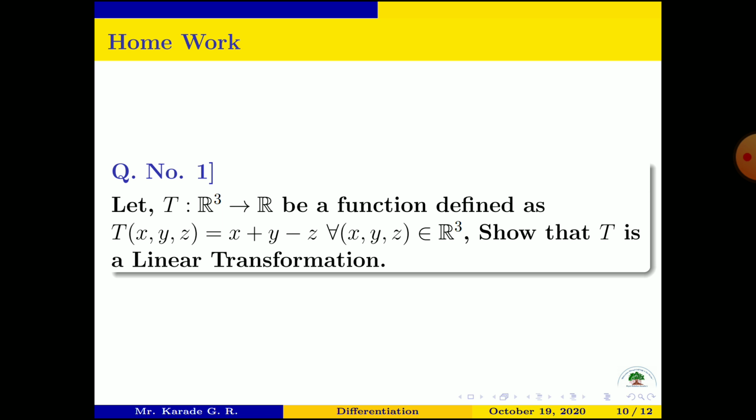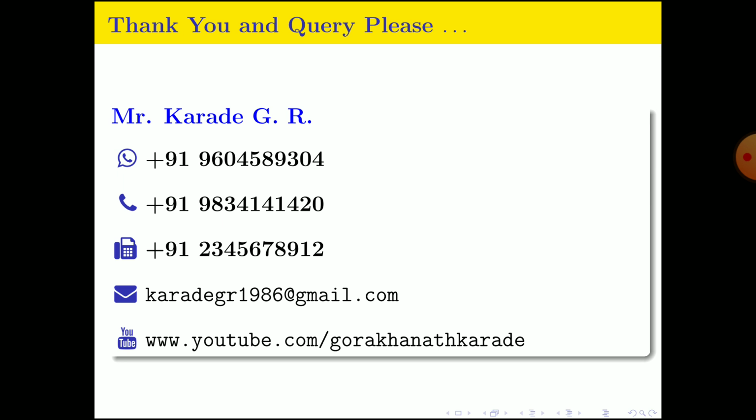Show that T is a linear transformation. That question is also very simple. No doubt all of you will solve this on your own. So try to solve this problem, and if you have any problem while solving, you can ask me. No problem. Let us stop our lecture here.